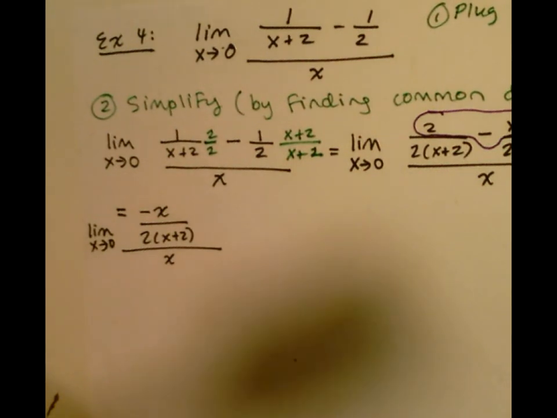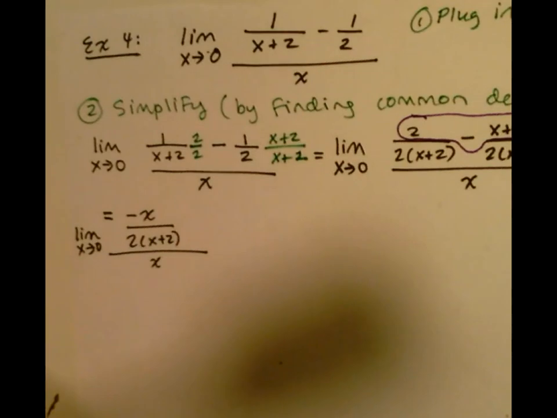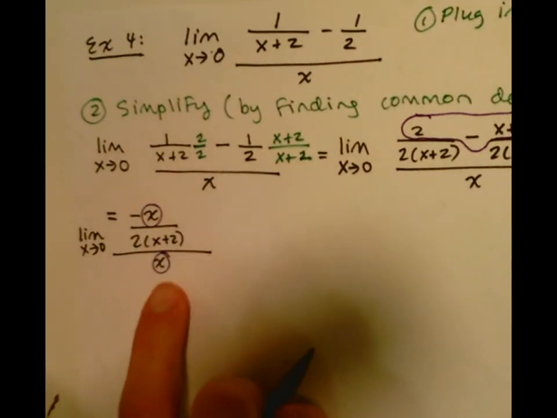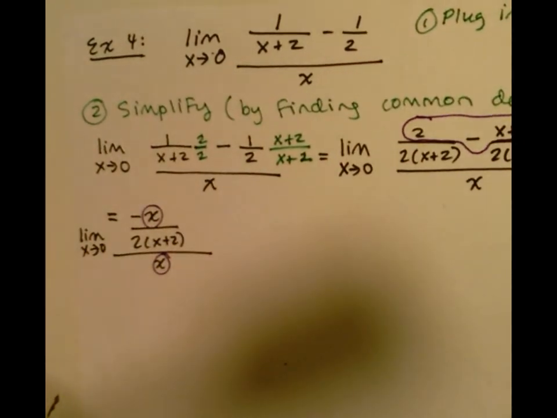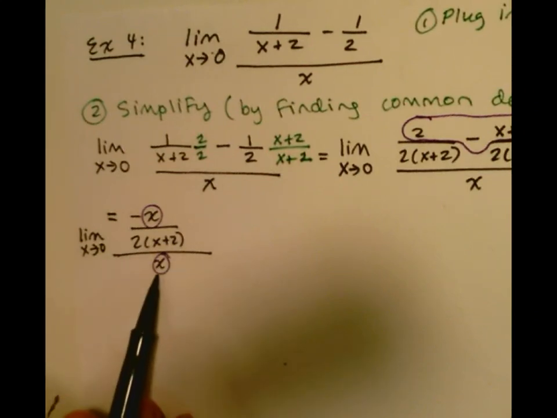So from here, did that really help me? Is this better than what we started with? It is. And the reason why is because on top we have this x, and in our denominator down here we have this x. And I say those x's cancel because what we have written here is saying this fraction is all divided by x.